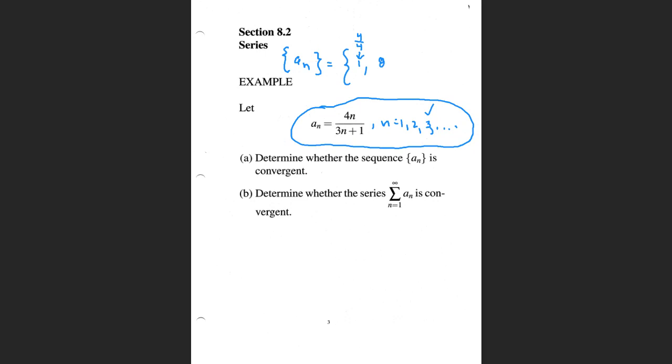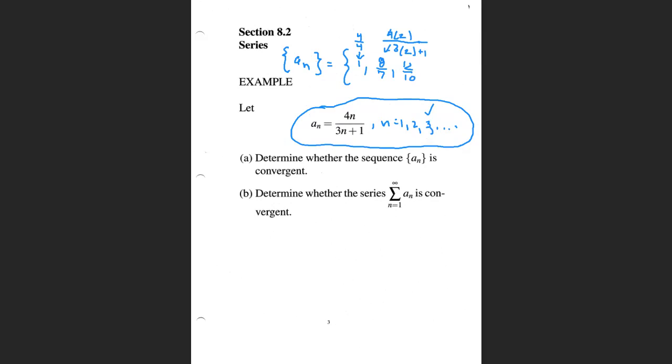That's right. What's the third term of the sequence? Of course, 8/7, by the way, that's just because you go 4 times 2, all divided by 3 times 2 plus 1. That gets you your 8/7. The next term will be 12/10.